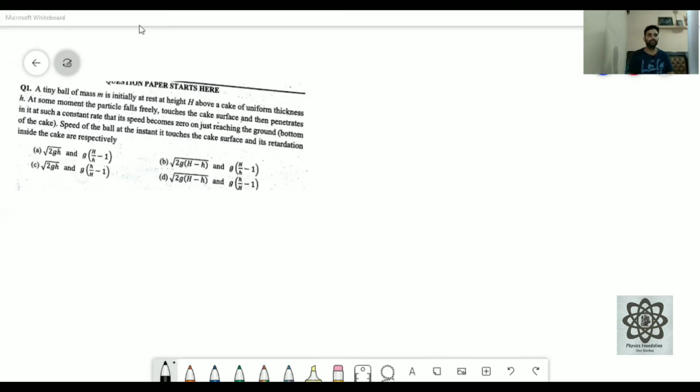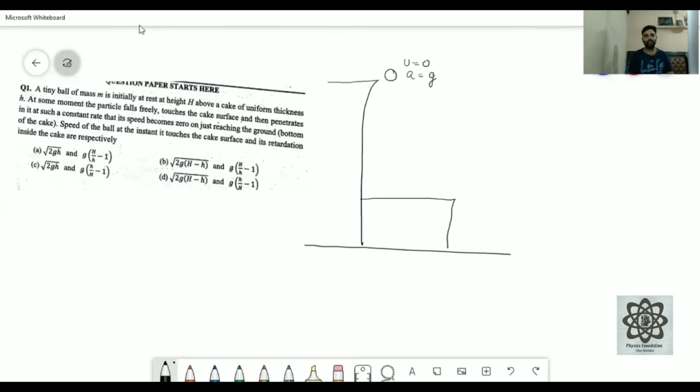Okay, so let's see what is told in here. There is a height in which there is a tiny ball. Its initial velocity is zero. The acceleration is acceleration due to gravity g. Now let's say this is the cake, whose height is small h.